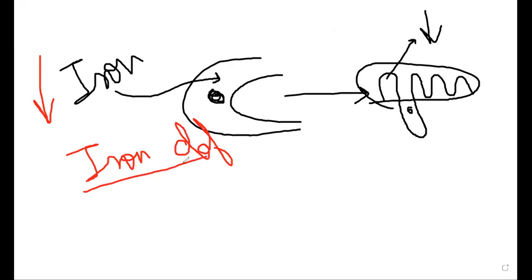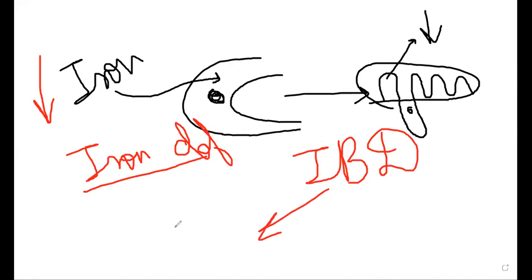Now, do you think this iron deficiency anemia can be present in inflammatory bowel disease as well? Yes. It can be present in the case of Crohn's disease, because Crohn's disease can involve the whole alimentary tract from the mouth to the anus.